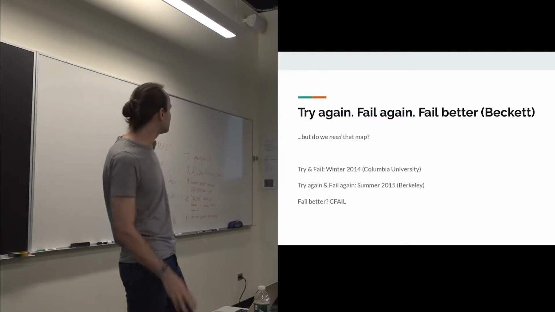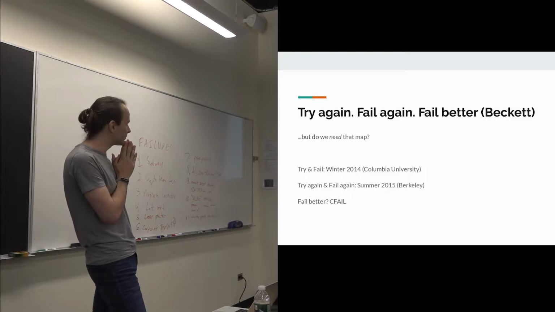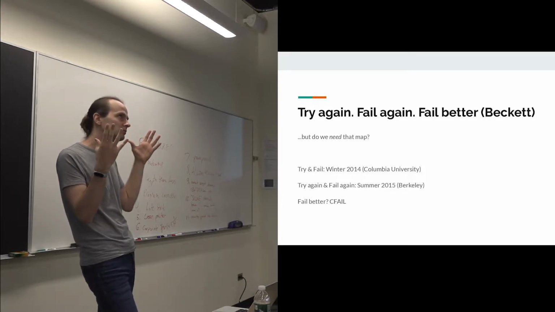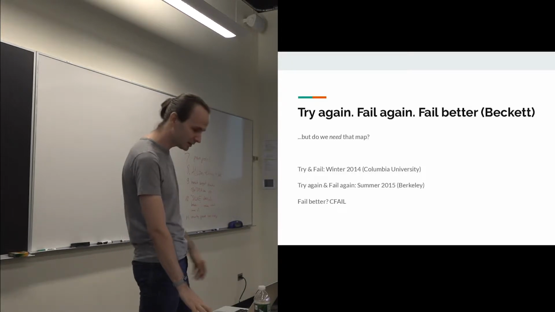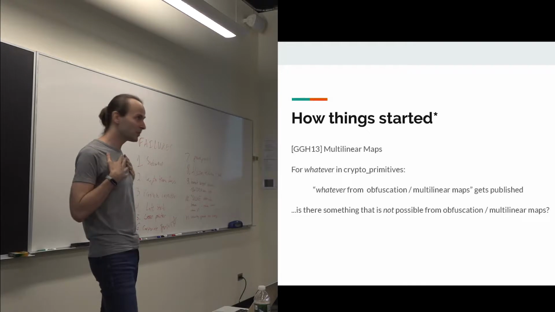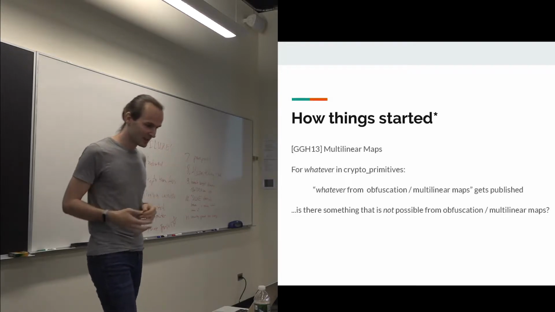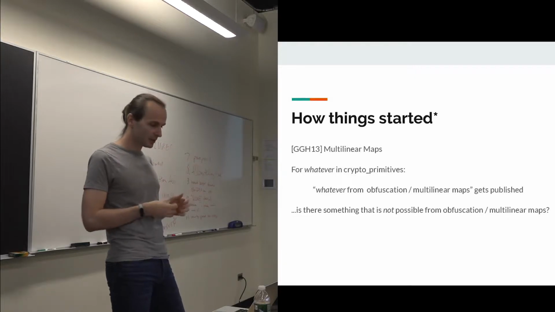Anyway, I want to show you a little bit about how the crypto climate was at that time, in 2014 and 2015. This is my personal view, and people can disagree. The way I saw it, we got multilinear maps in 2013.